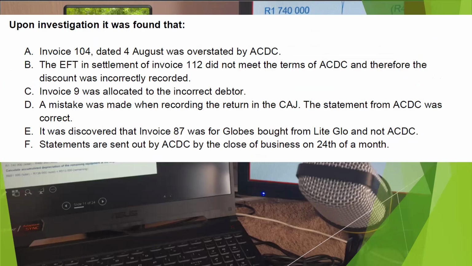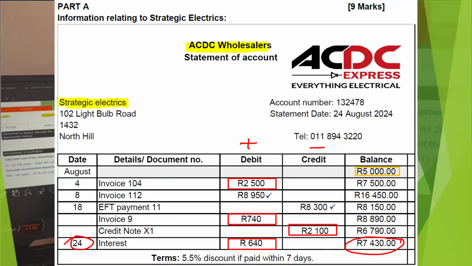Now they explain the differences to us here. They said to you, upon investigation, it was found that invoice 104 dated the 4th of August was overstated by ACDC. Please note that ACDC is them.